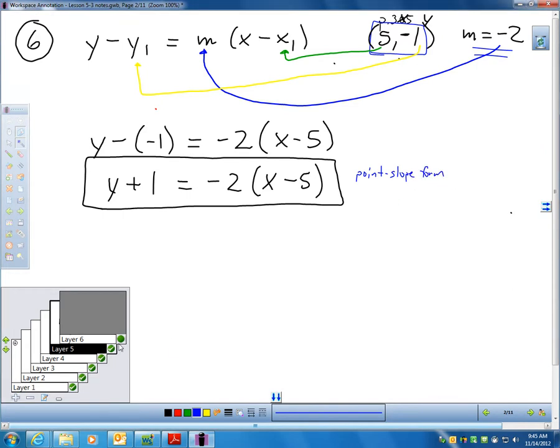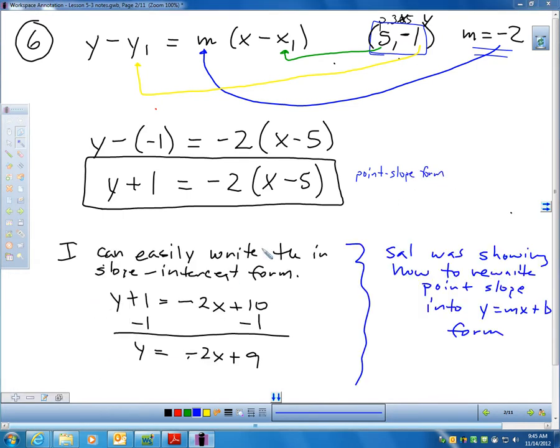Now, it's easy to actually rewrite this into slope-intercept form. Last year when we watched the Khan Academy videos, Sal showed us how to do that, and I'll just show you here real quick. I can easily rewrite this into slope-intercept form if I want. I can start off by distributing here, which gets me down to this first step.